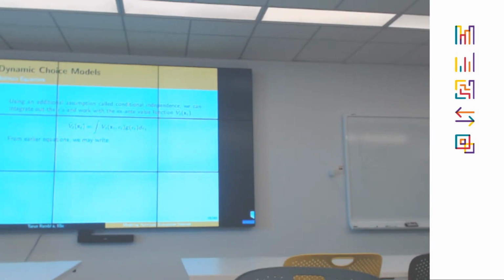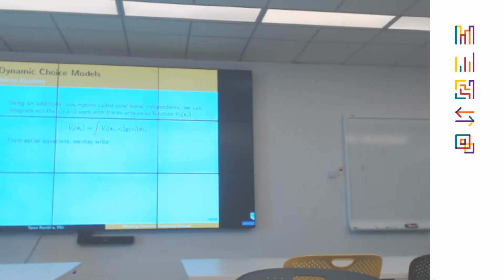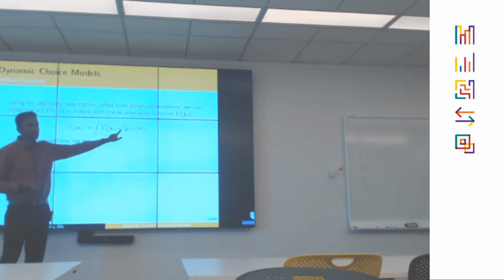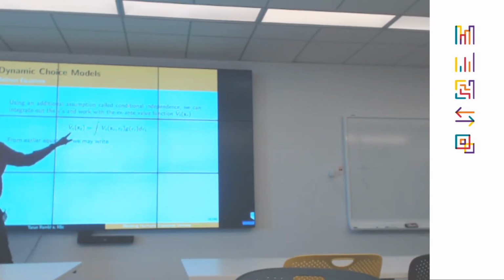Now, once this is done, we can define another set of value functions which are called the ex ante value functions. You can think of these value functions as something that the analyst is interested in. It doesn't depend on the epsilons. It just depends on whatever is observable to both the decision maker and the analyst. It's like, before the decision maker could see epsilons, what's the value of being in a state x?